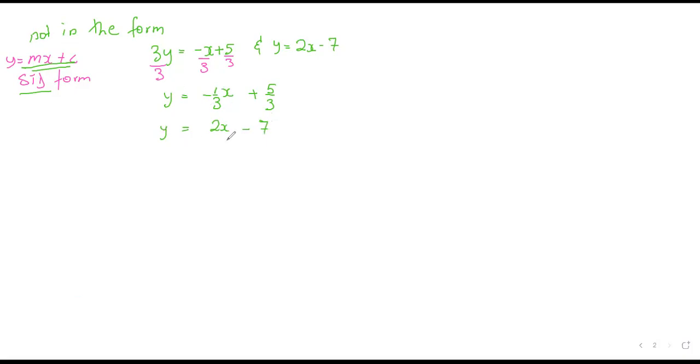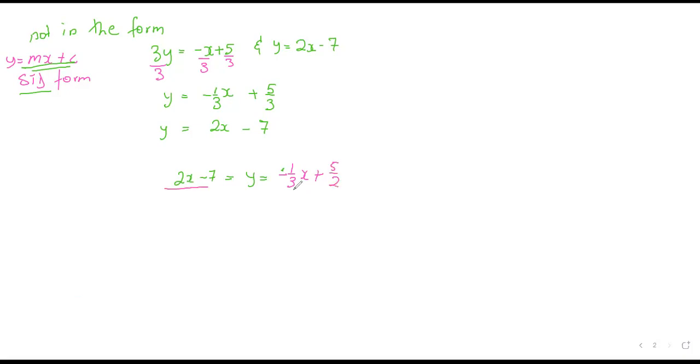So I can say 2x minus 7 is equal to y, but the same y is equal to -1/3x plus 5 over 2.